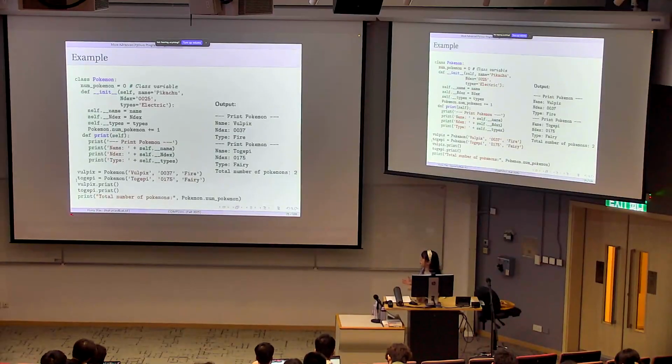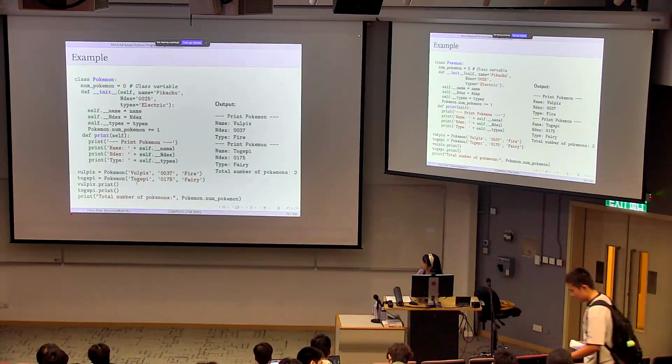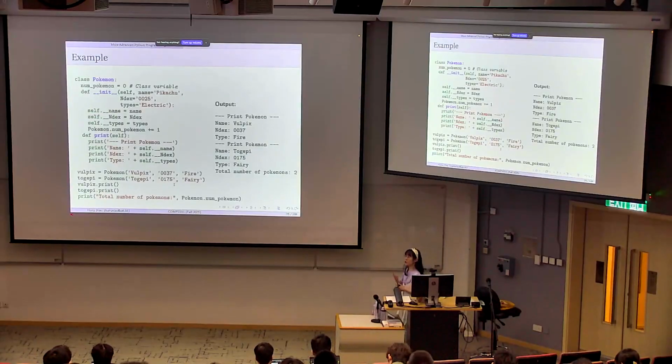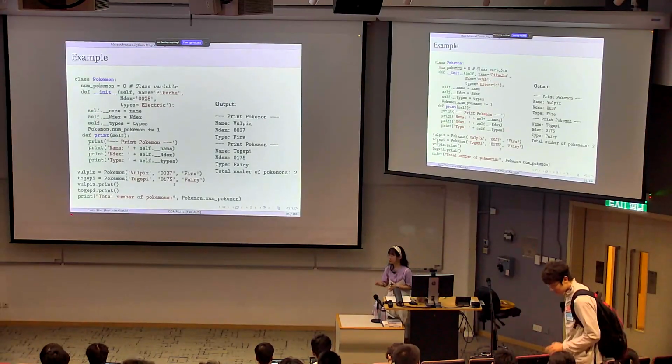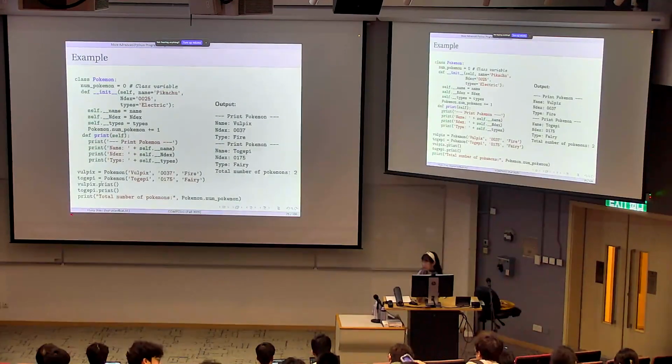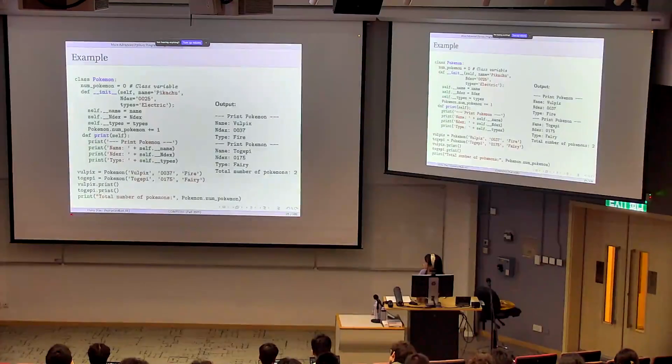Here, Togepi is another object created from the Pokemon class, and we assign all the values, Togepi 0175 Fairy. Now we created two objects from the class Pokemon, and if we print the information, like Wartortle.print, Togepi.print, of course we can get the information of the two Pokemons.